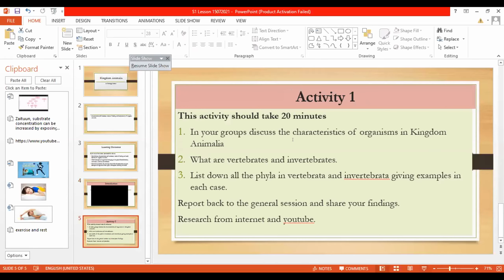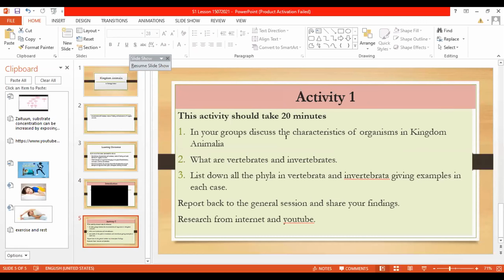I hope the screen is visible. My colleagues, can you confirm that the screen is visible? Yes, it is. Okay. So now here we are. These are our activities. We have only 3 activities that we are going to do.